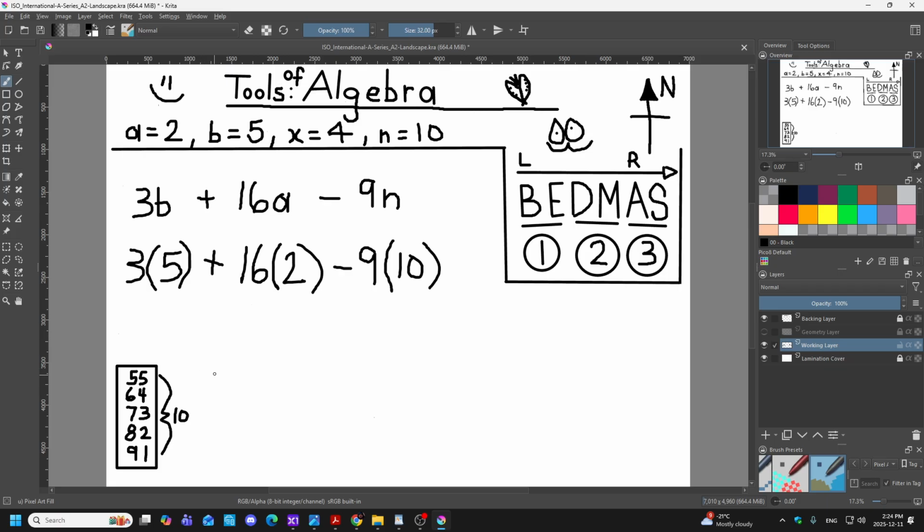Knowing your times table, 3 times 5 is 15, plus, we're doubling 16, that's 32, subtract, 9 times 1 is 9, just bring down the 0, and we have 90. There we go. So we have a positive 15, right? We don't need to write positive, but we know it is.